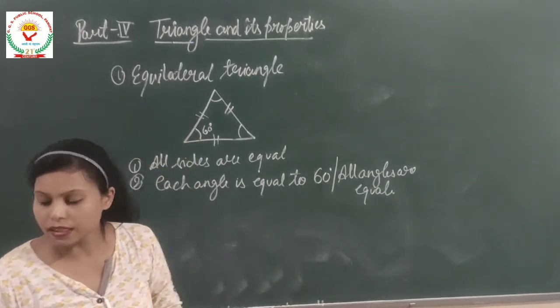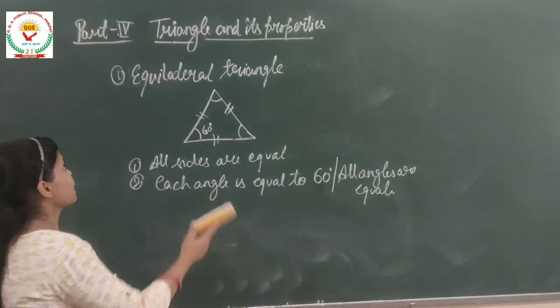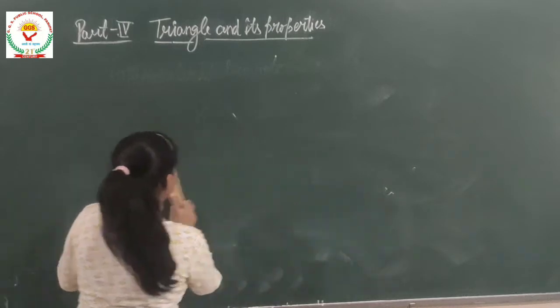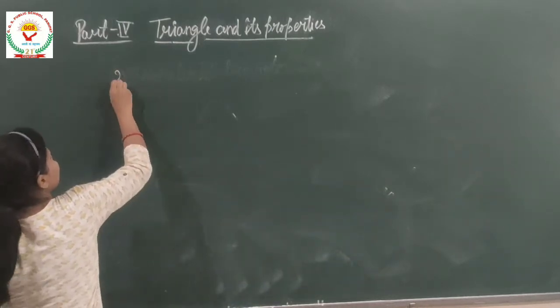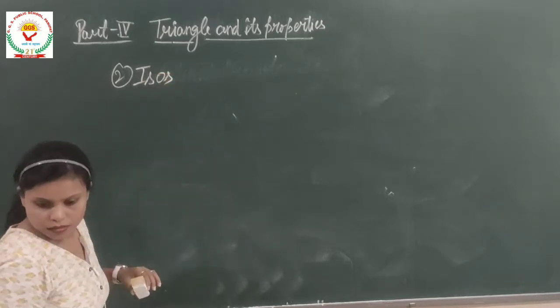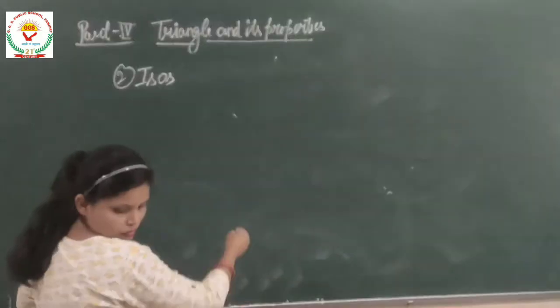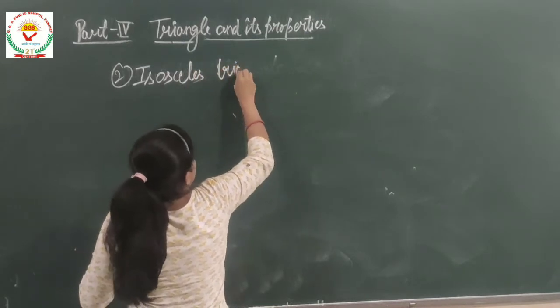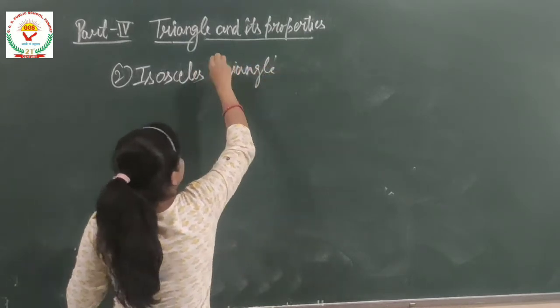Let's study the other type of triangle, that is the isosceles triangle. So the second triangle is the isosceles triangle.